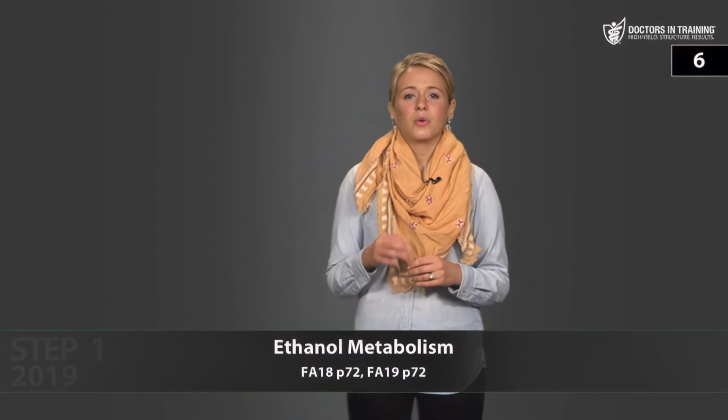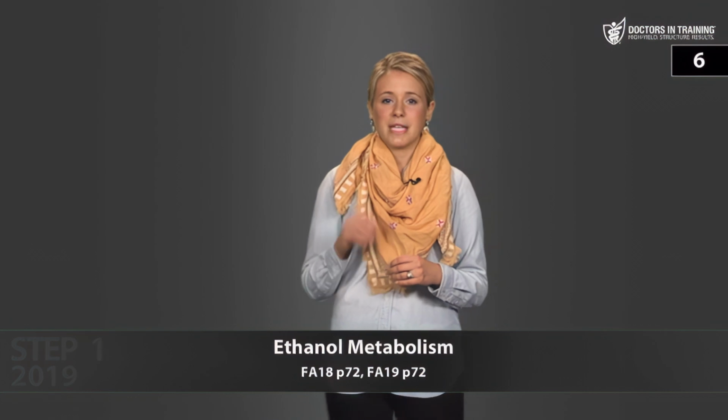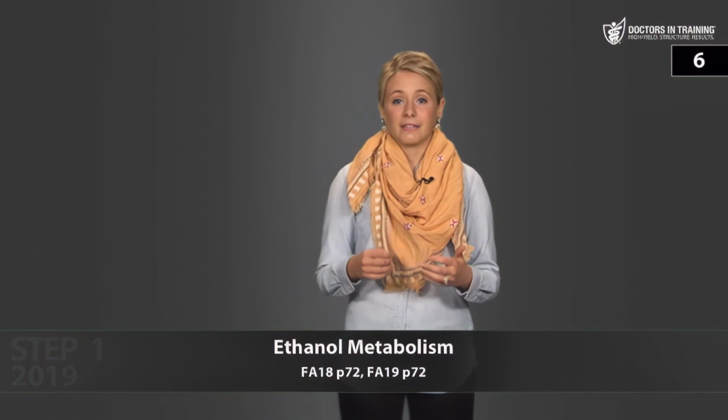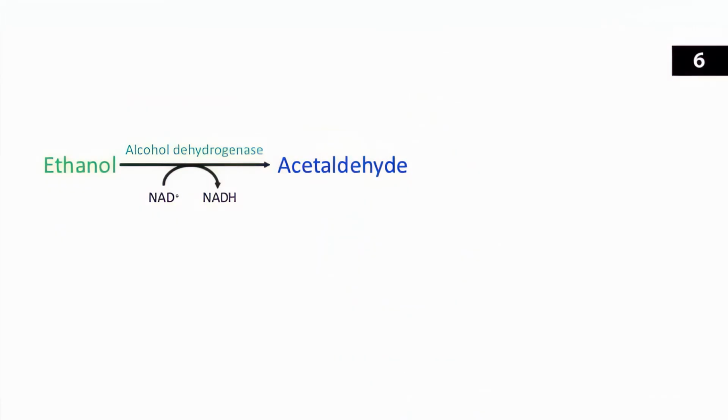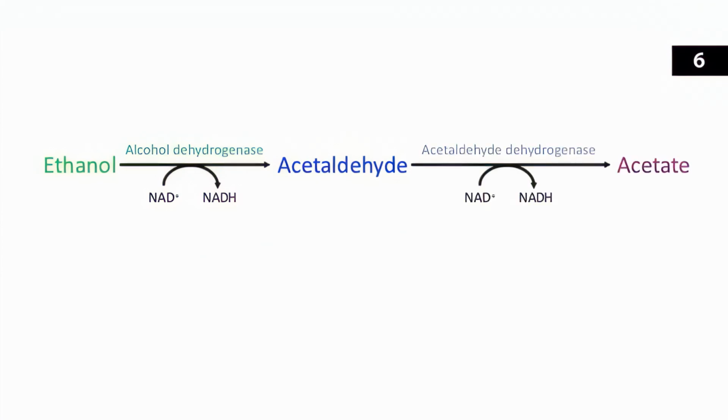Okay, let's talk about the metabolism of ethanol. I'm sure you know that the organ that's primarily responsible for metabolizing alcohol is the liver, and there are two key enzymes that you need to remember. There's an enzyme called alcohol dehydrogenase that converts ethanol to acetaldehyde, and then an enzyme, acetaldehyde dehydrogenase, which converts acetaldehyde to acetate. Pretty easy.